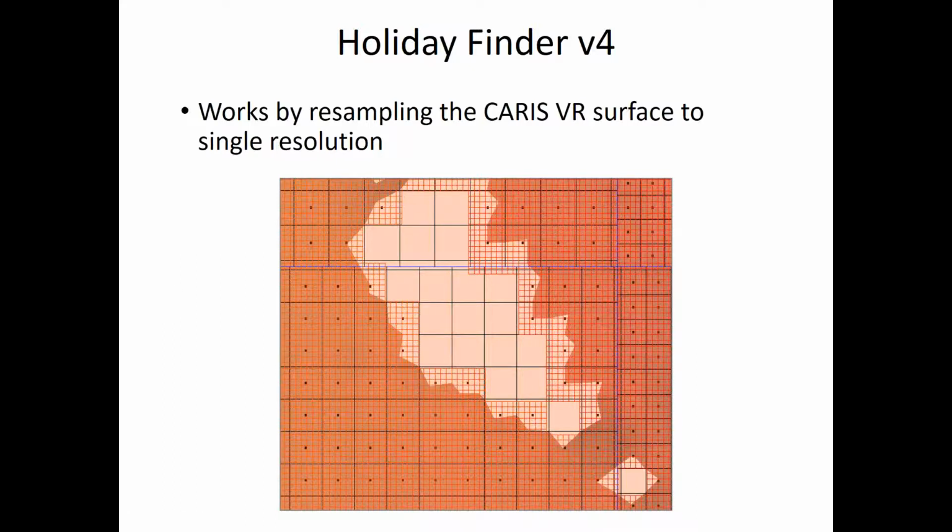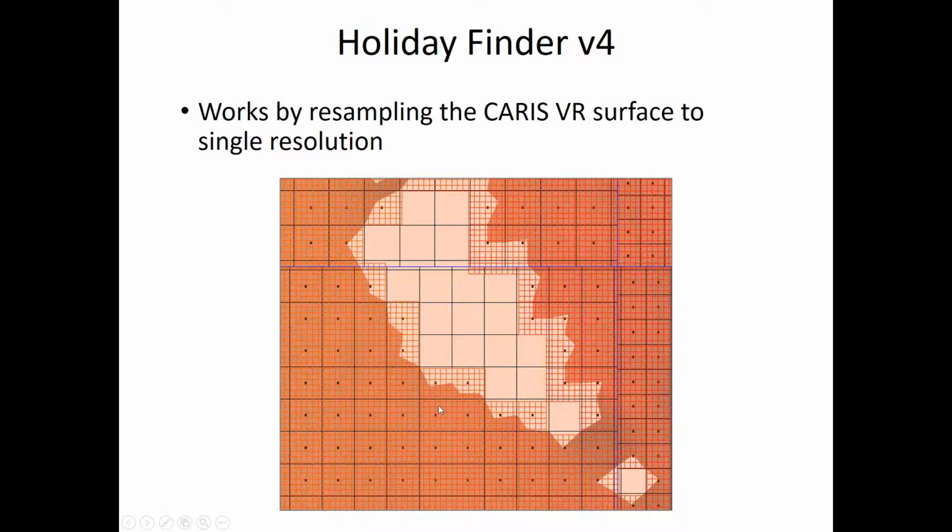And you'll see in the next slide and in the demo, there's some options for this. But the default is to resample it to the finest resolution in that VR surface. So say you've created a VR surface with a minimum resolution of 1 meter, it's going to resample that entire VR surface to a fixed 1 meter grid.